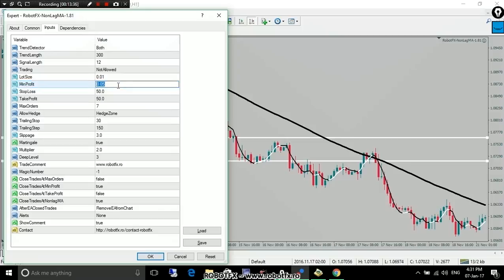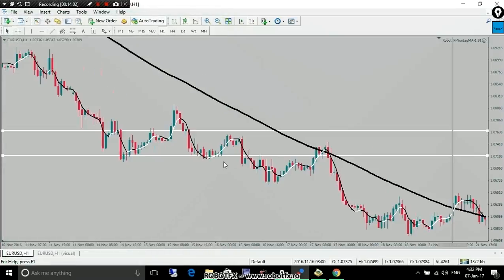So when the sum of these open orders on the chart will reach minimum profit, the expert advisor will start closing them. It is very possible, but most likely it will not close after you close all of them. The profit will not be this one, 0.05, because when this amount is reached, the expert advisor will start to close them.